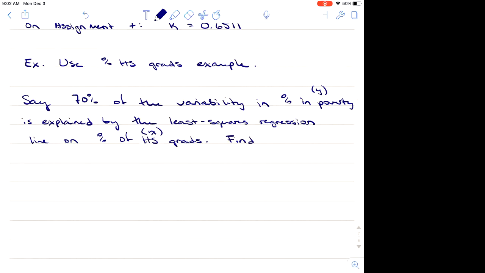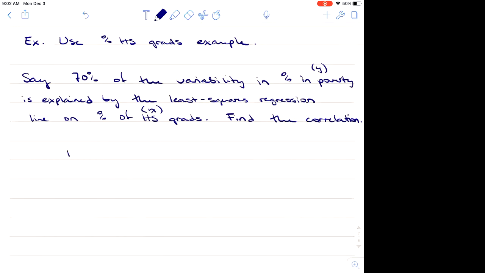If I ask you to find the correlation, so just giving you an example that you can use for the assignment. Then I'm saying that R squared must be 0.70. And this is the correlation squared.